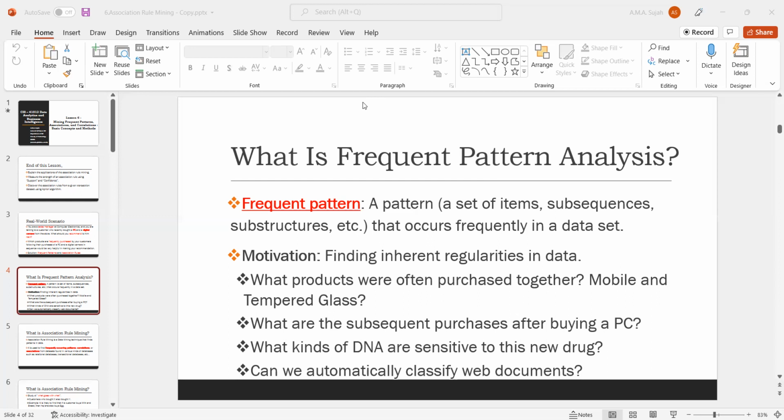As I already told you, in a restaurant the ordering patterns are different. For young people, their ordering pattern is different. For middle-aged people or children, their ordering patterns are different. So you need to find out the patterns.